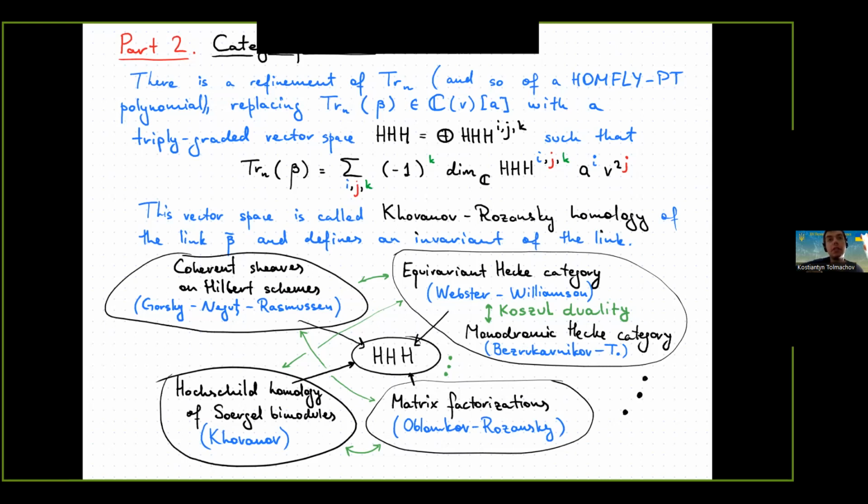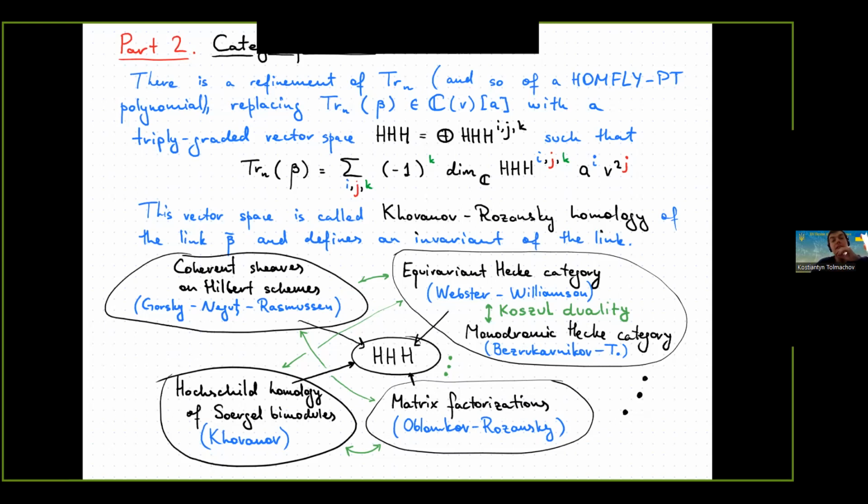So here you can see I sum over all I, J, K and take an Euler characteristic in grading denoted by K. So this way I get a polynomial in two variables.